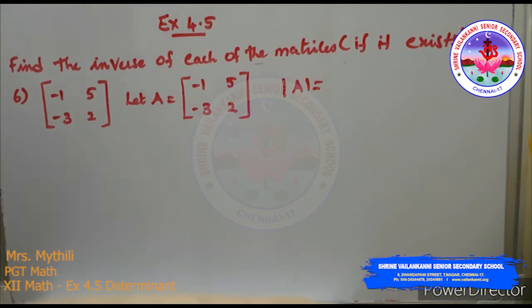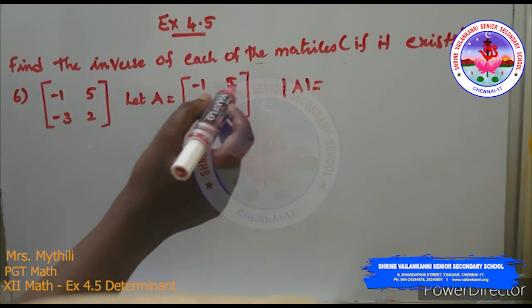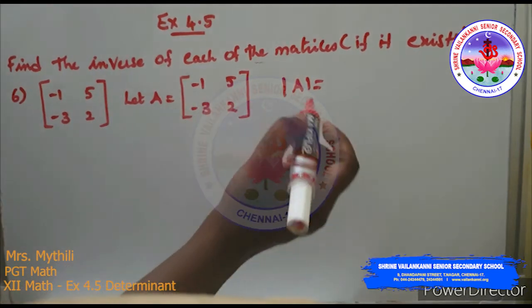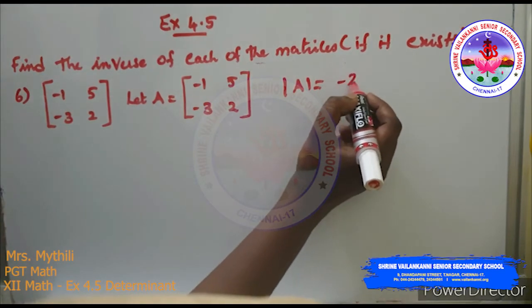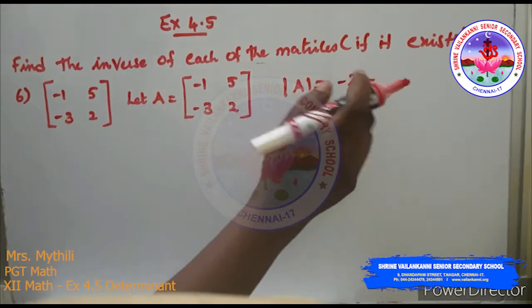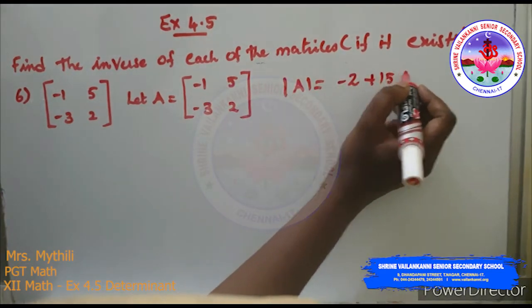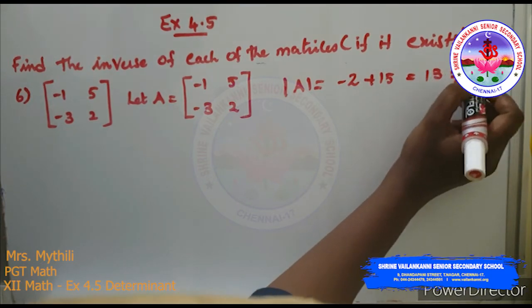Sixth question: [minus 1, 5; minus 3, 2]. Let A equal [minus 1, 5; minus 3, 2]. So determinant of A is minus 1 into 2, which is minus 2, minus of minus 3 into 5, which is plus 15, which is equal to 13, not equal to 0.